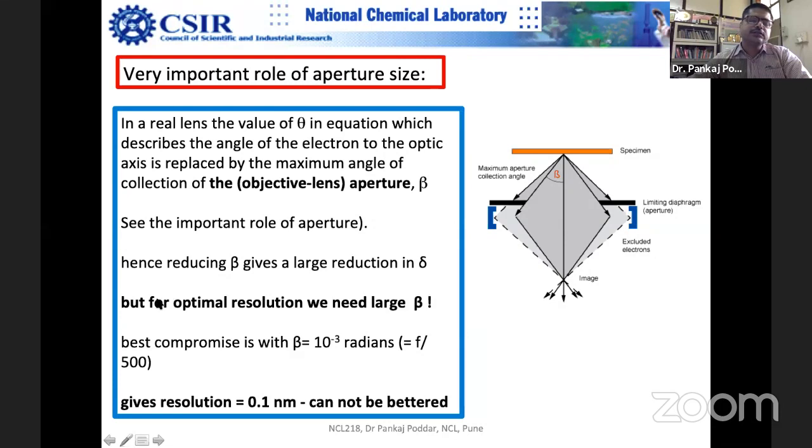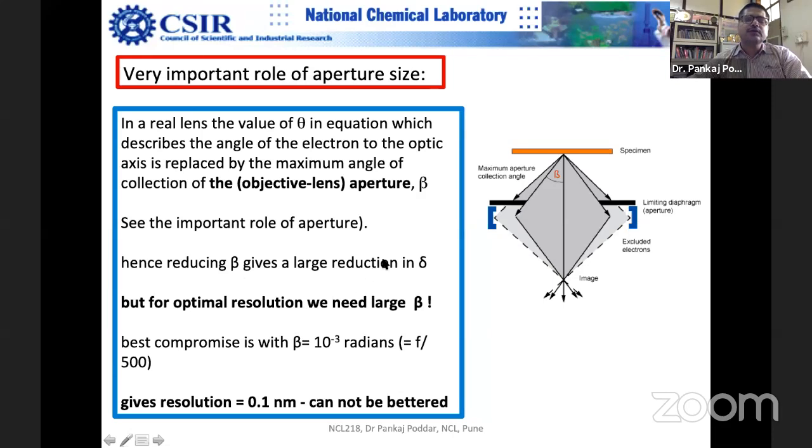This next line is very important. We have learned so far that for optimal resolution, we need larger beta. Now we are saying that we have to reduce beta. There is a contradiction here, right? These two lines are contradictory to each other, as we mentioned in the beginning of this lecture. So we have to reach a compromise somewhere between the two.